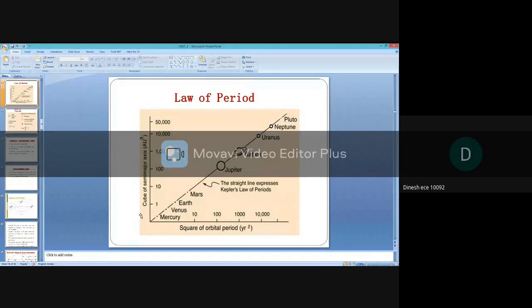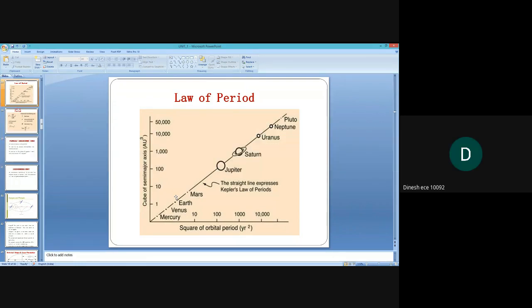Next is the law of period. You can see in the x-axis the square of the orbital period measured in years squared, and in the y-axis the cube of the semi-major axis in AU cubed.